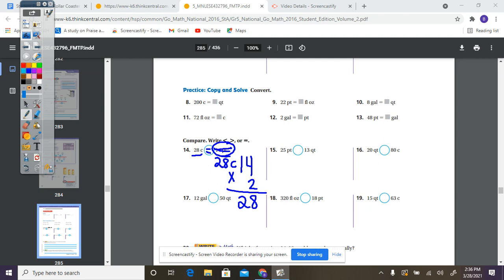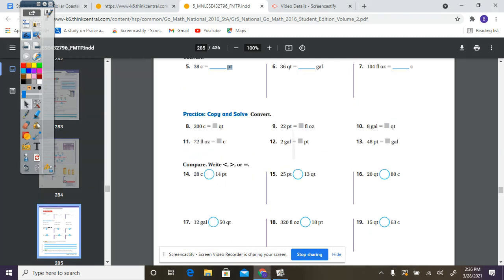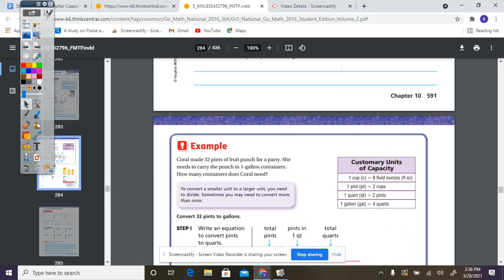Same thing on 15. I have pints and I have quarts. So I want to convert the units that are the biggest. Quarts are bigger than pints, so I need to change the quarts into pints. How many pints are there in 1 quart? If this one is a hard one to remember from Gallon Man, then you go back.